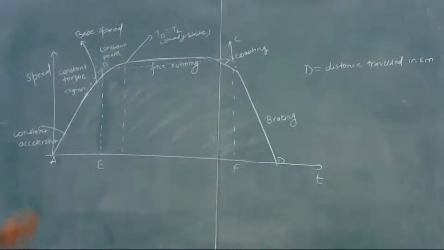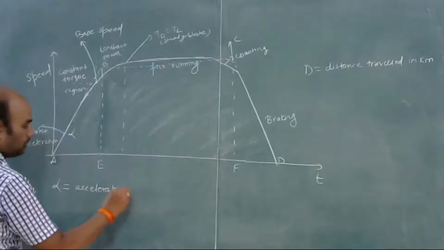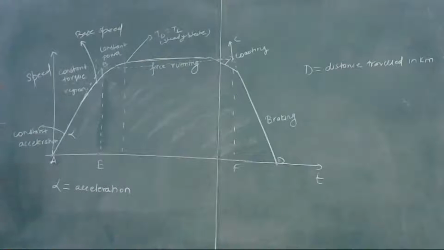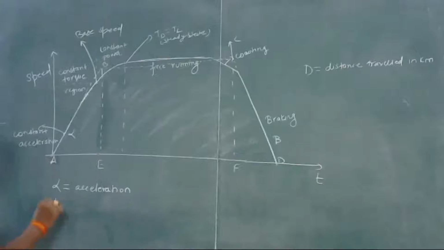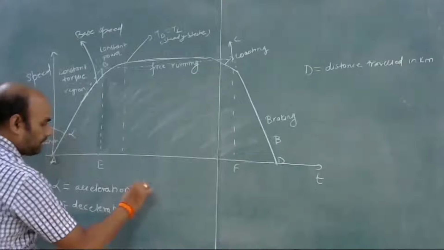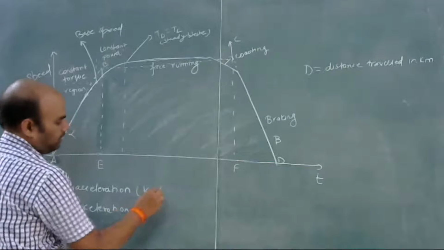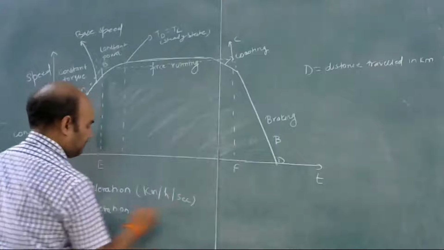So let's suppose alpha is acceleration in this constant region. Alpha is equal to acceleration. Okay, and beta is deceleration. And units are kilometer per hour per second.